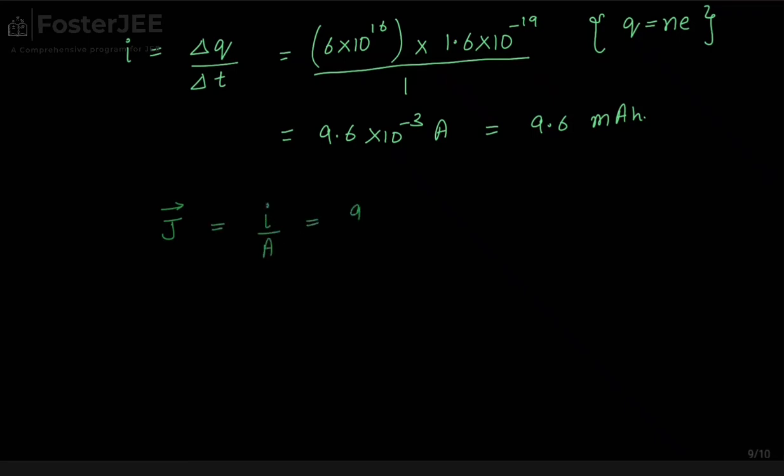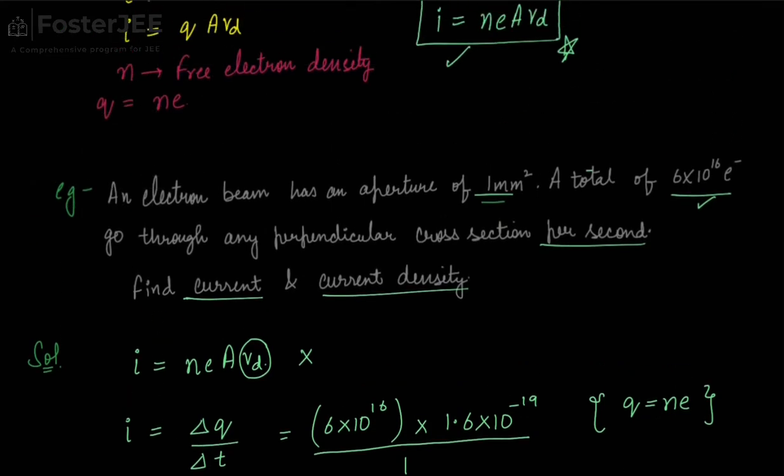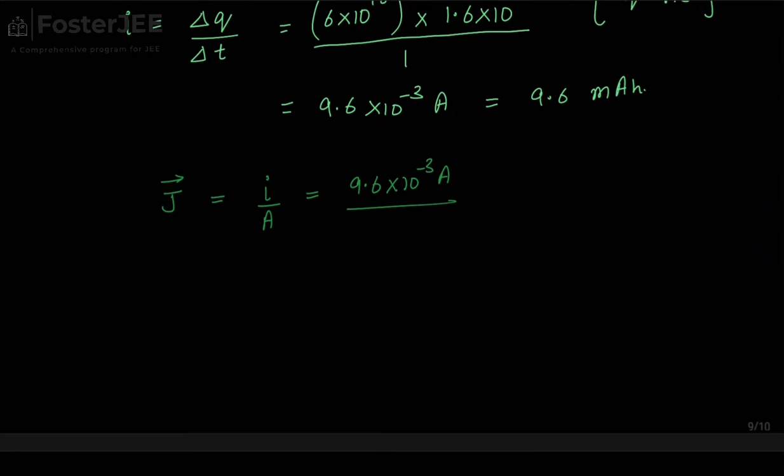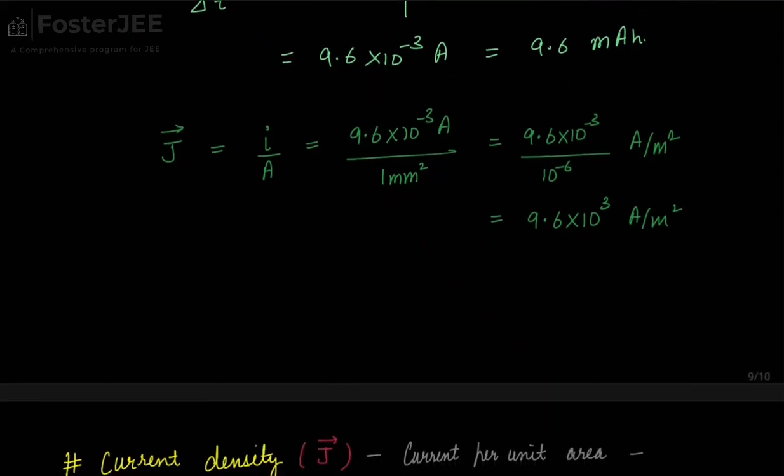The current is 9.6 into 10 to the power minus 3 ampere, and the area is 1 millimeter square, which can be written as 10 to the power minus 6 meter square. So this becomes 9.6 into 10 to the power 3 amperes per meter square. This is the current density.